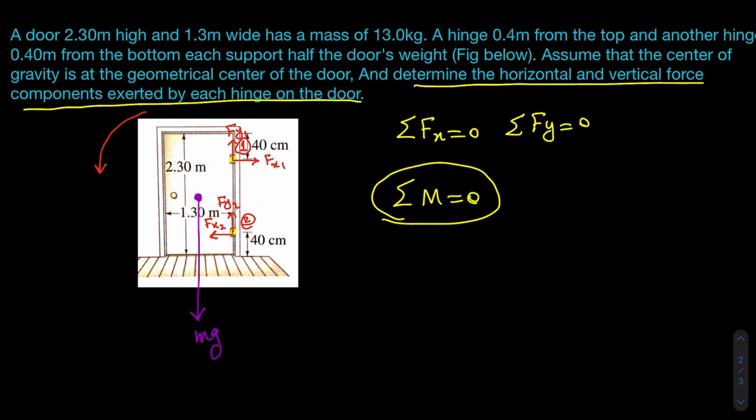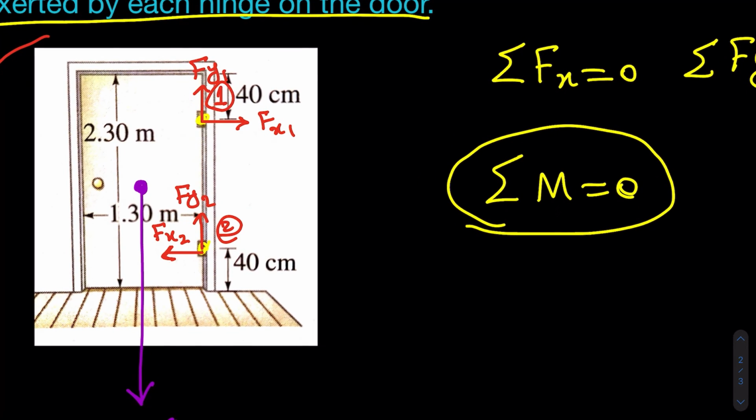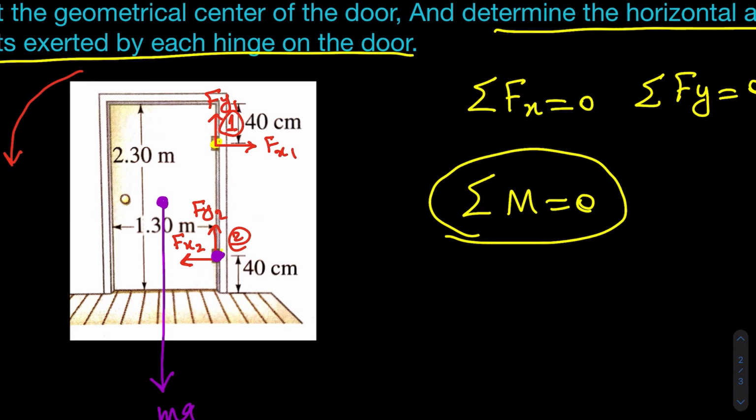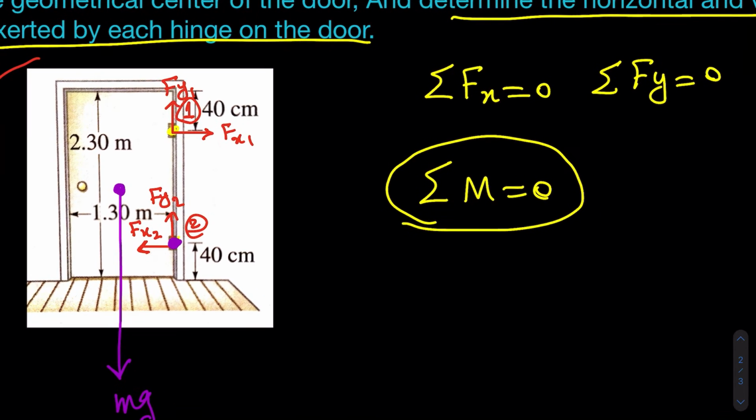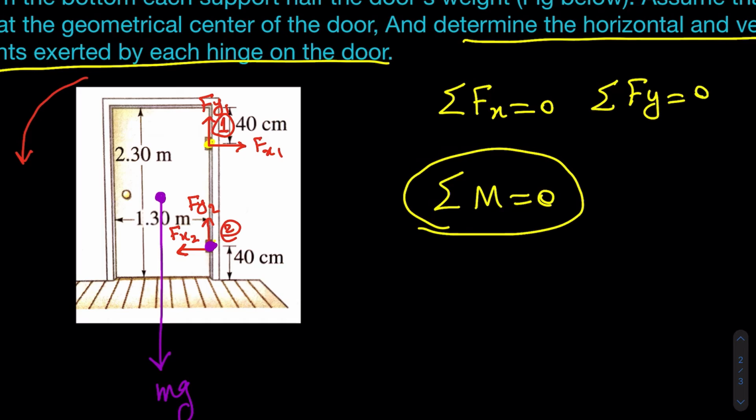To calculate the moments of force, we need to choose a fulcrum or pivot, because moments of force or turning effects must be with respect to a fulcrum. We choose hinge number 2 as the fulcrum, and we will find the forces that make a turning effect with respect to this fulcrum.